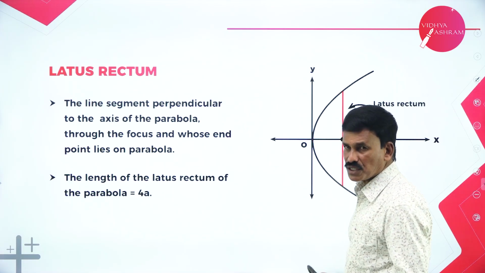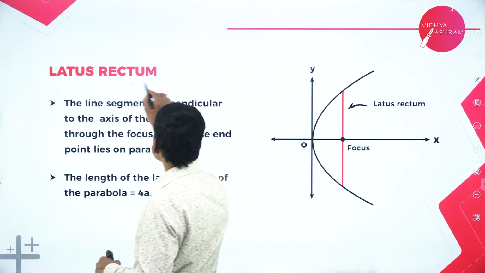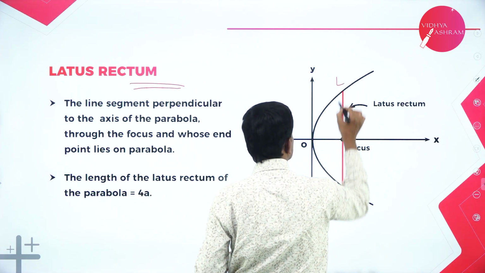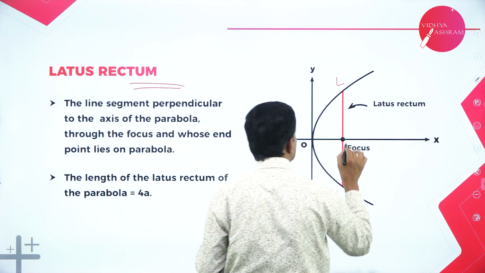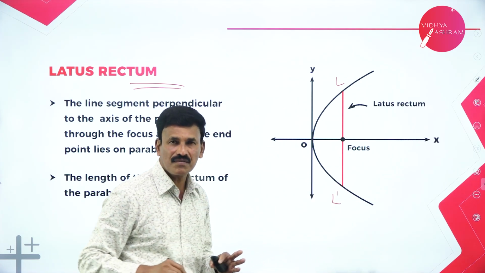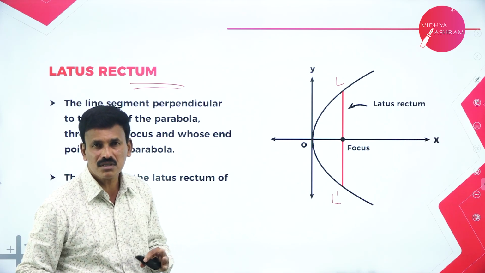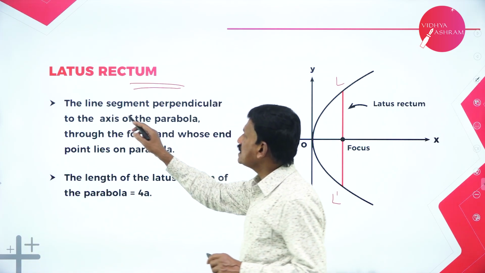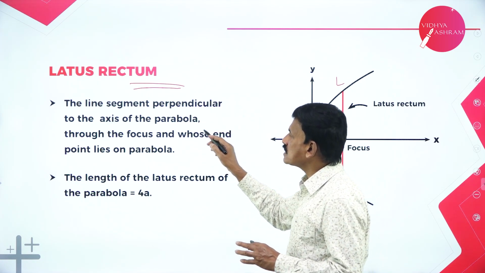Now, let us know regarding the next property, that is latus rectum. What is a latus rectum? Here L L dash is called the latus rectum, and L and L dash are the coordinates of ends of latus rectum. The length of L L dash is called the length of latus rectum.